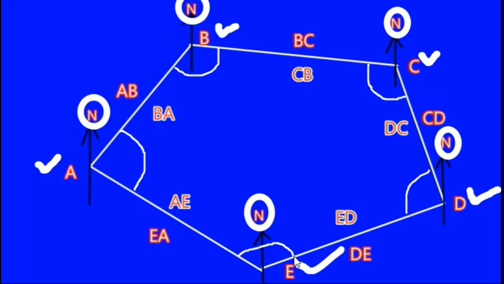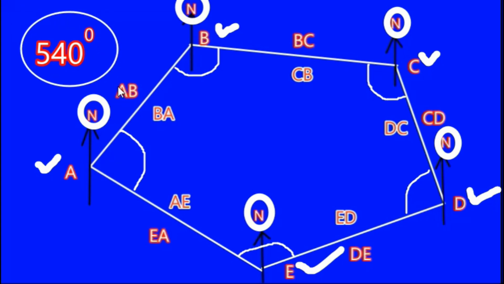Since it's a pentagon, that means a five-sided figure, the total should be 540 degrees for a pentagon. So if we are correct in our calculation, the total will come up to 540 degrees over here. So this is one reason.